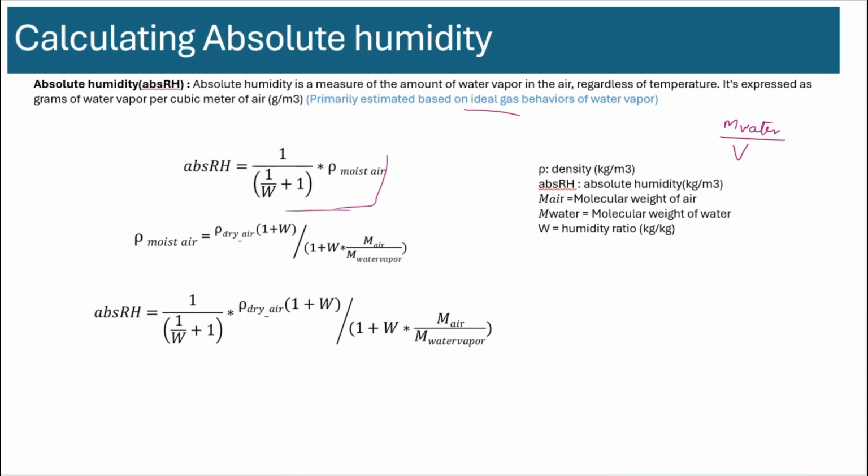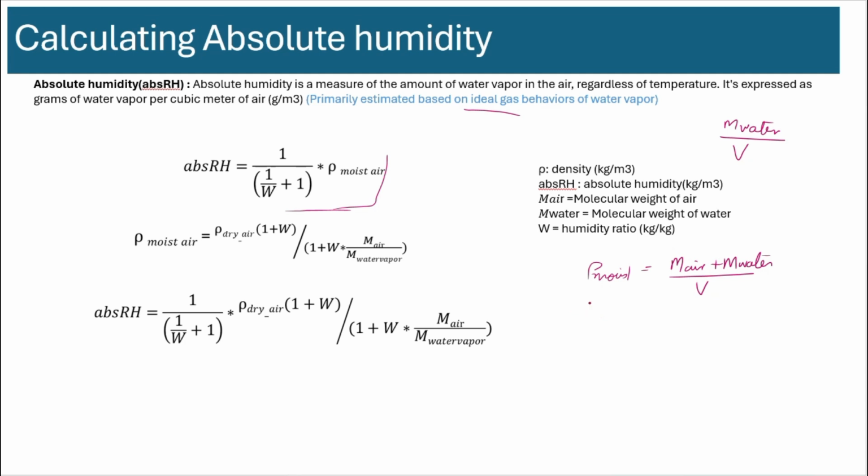Now let's see whether this formula can get us to this value. So rho of moisture is nothing but m air plus m water vapor. I'll just write m water for now, divided by total volume.